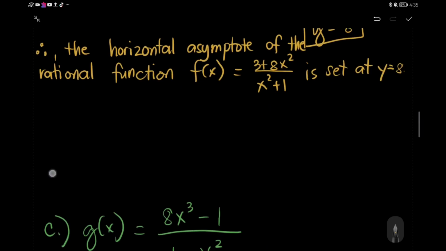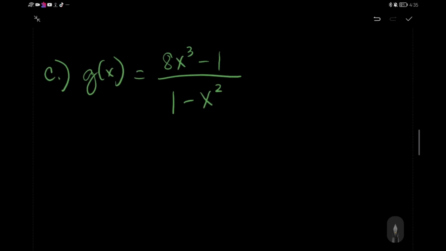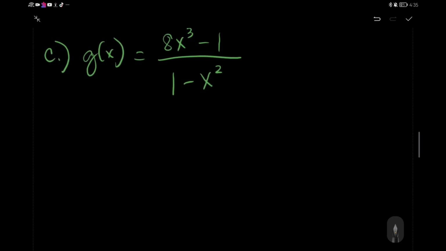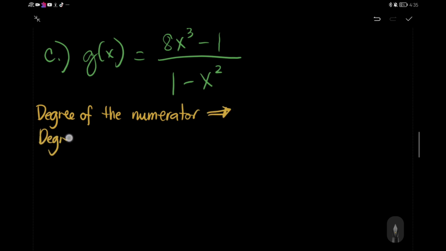Now, let's proceed to example letter C. We have here g of x is equal to 8x cubed minus 1 over 1 minus x squared. So, first, we need to identify the degree of the numerator and the degree of the denominator.